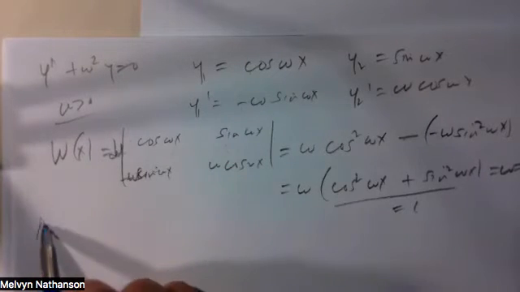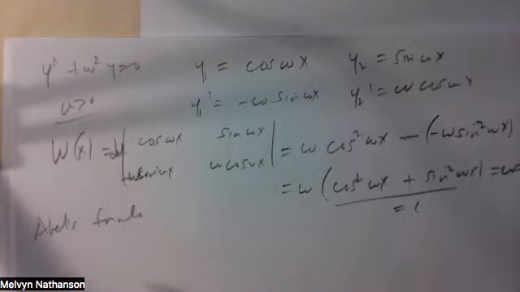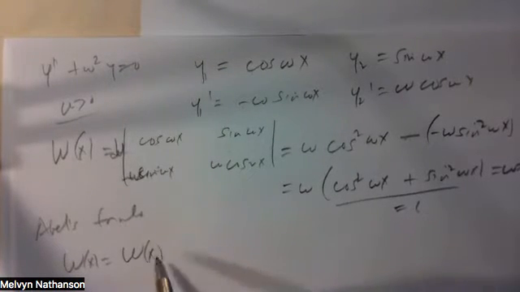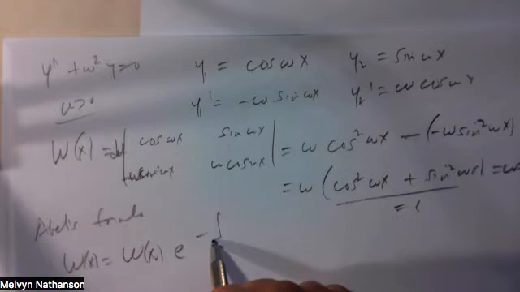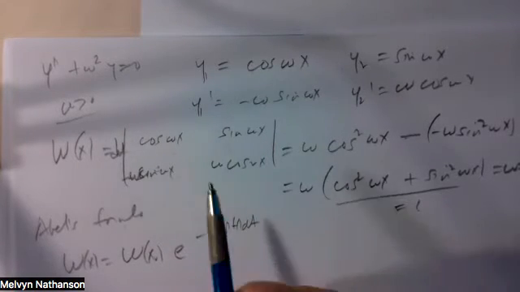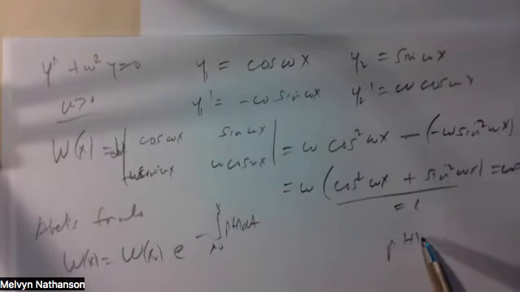And suppose we use Abel's formula. Abel's formula says the Wronskian is the Wronskian at some point x naught times e to the minus integral from x naught to x of p of t dt. But p of t is 0.